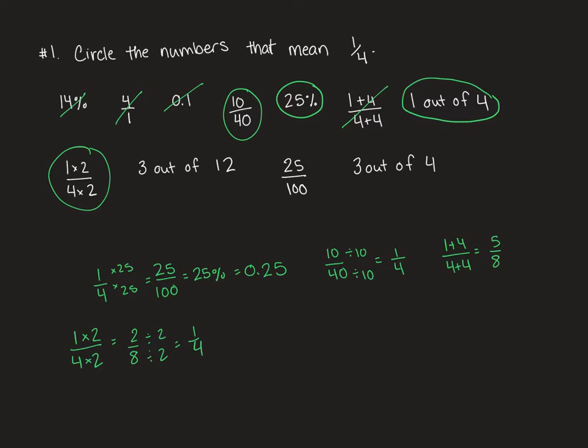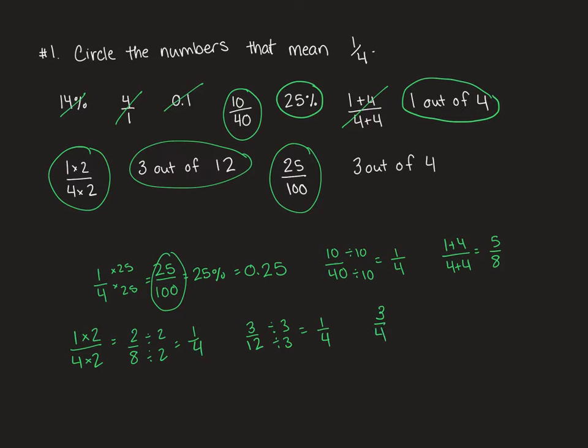3 out of 12. Well, we could write 3 out of 12 as a fraction, right? And then we could divide them both by 3, and that would give us 1/4. So that one is equivalent. 25 out of 100. We've already figured out that that is the fraction that takes us to the correct percentage. 3 out of 4.